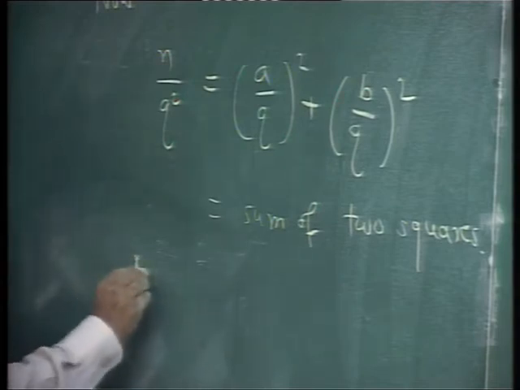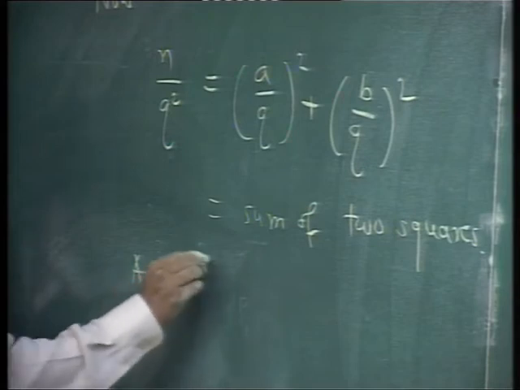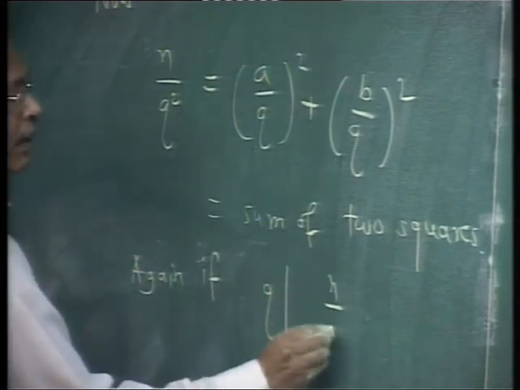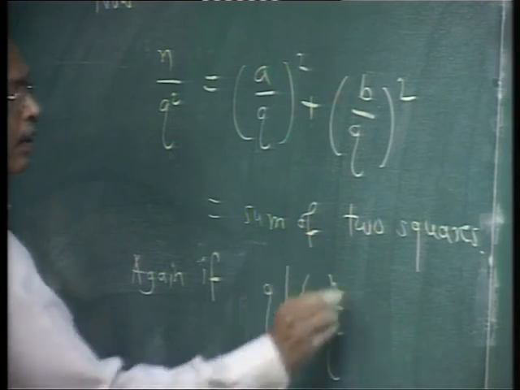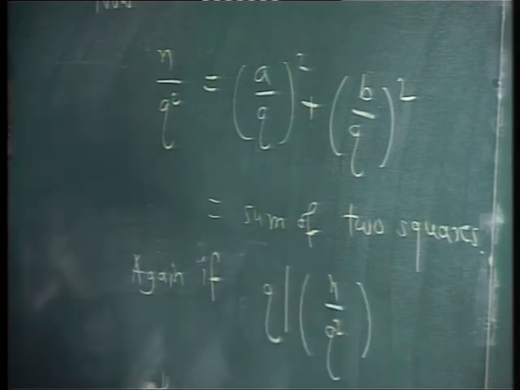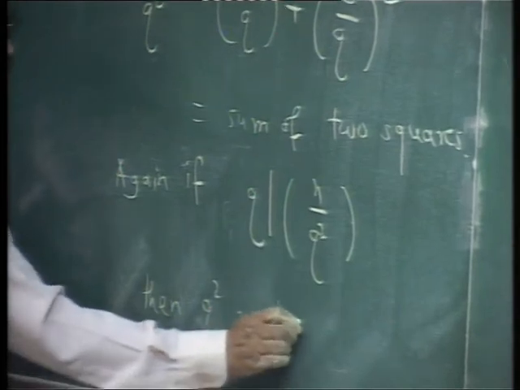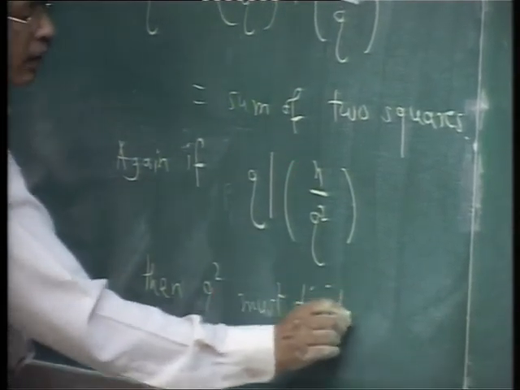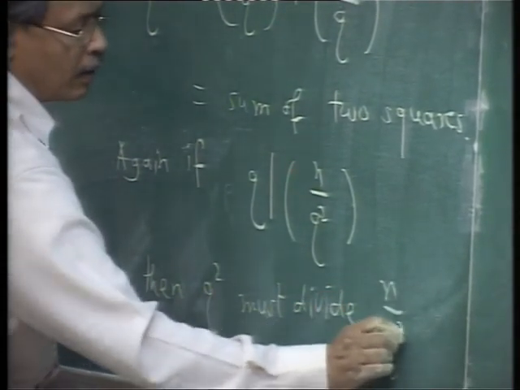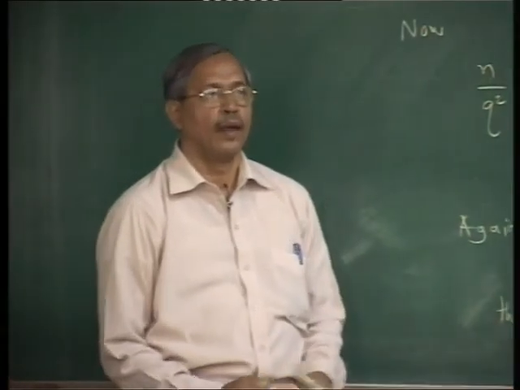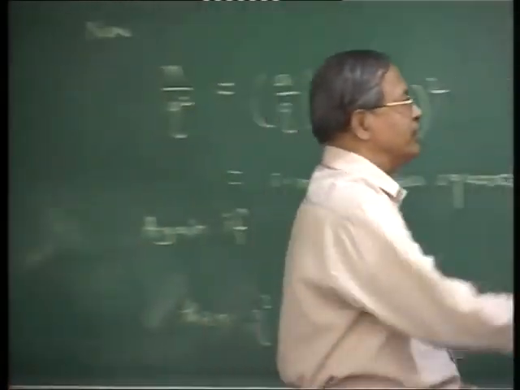So again, if q divides n by q square, then q square must divide it. And you continue this process.